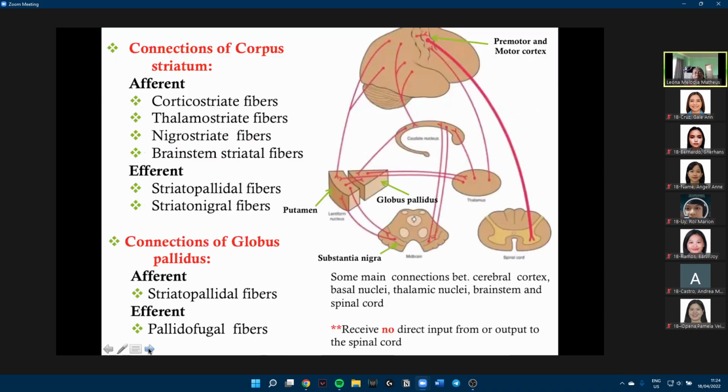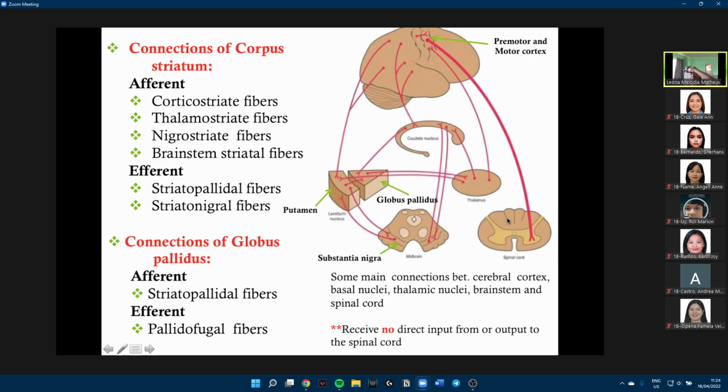So look at the picture here. This is the cerebral cortex. As you can see, it is interrelated with your lentiform nucleus, with both the putamen and the globus pallidus, with your caudate nucleus, with your thalamus, of course, and with the midbrain, specifically through its substantia nigra.